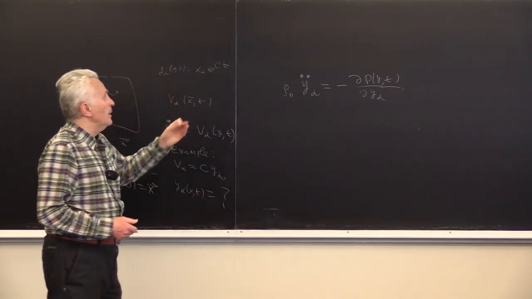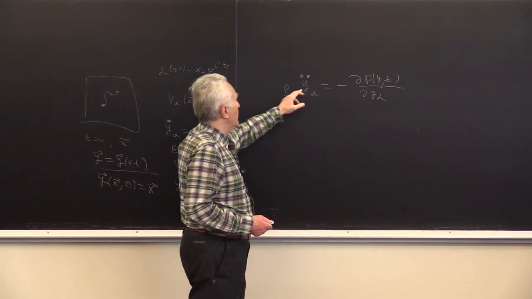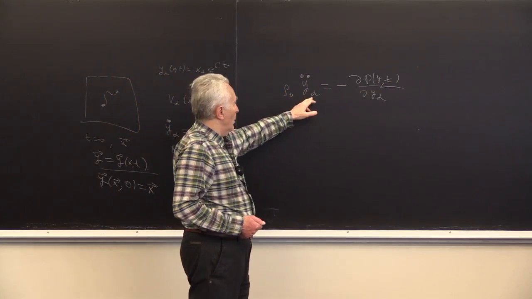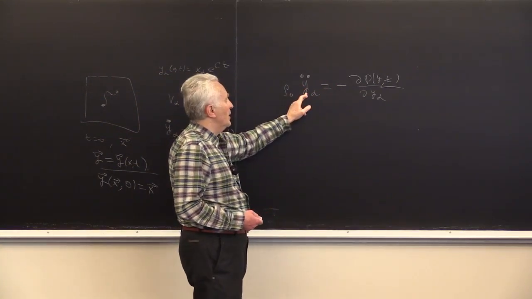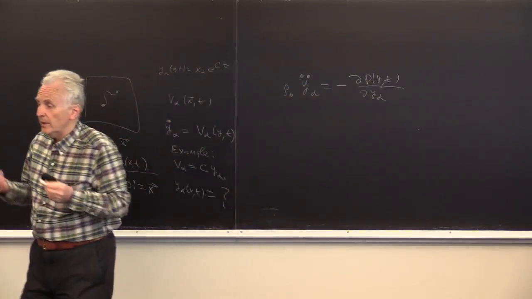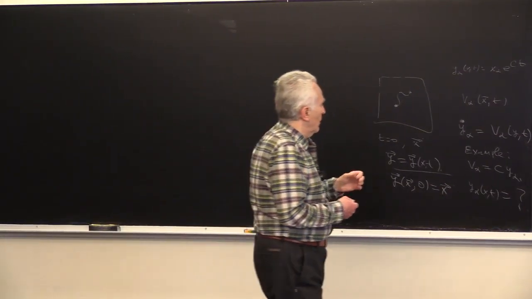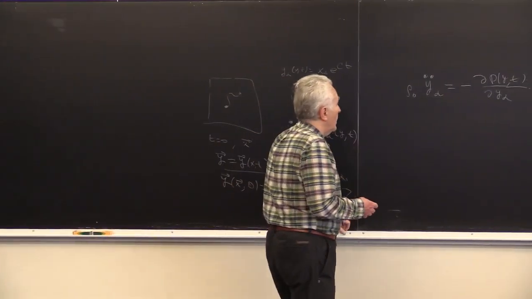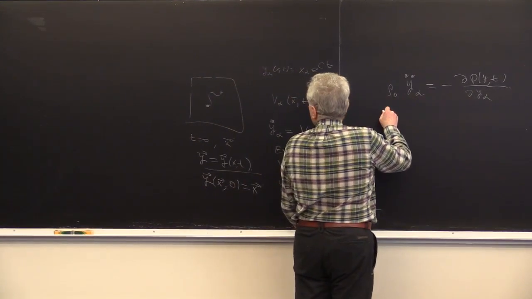So we have a problem here because we have more unknowns than equations. We have 3 equations, but 4 unknown functions. So we need one more relation to be added to this. The relation simply follows from incompressibility.